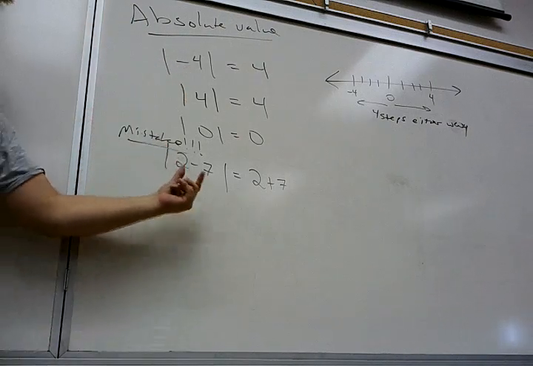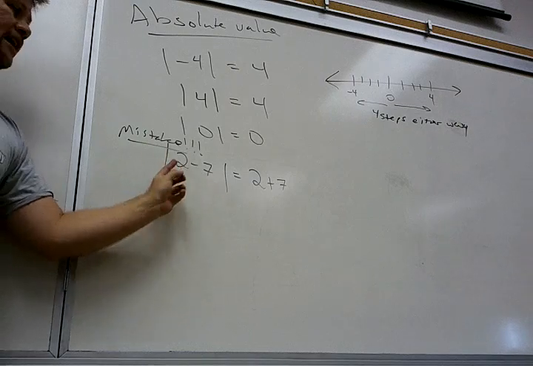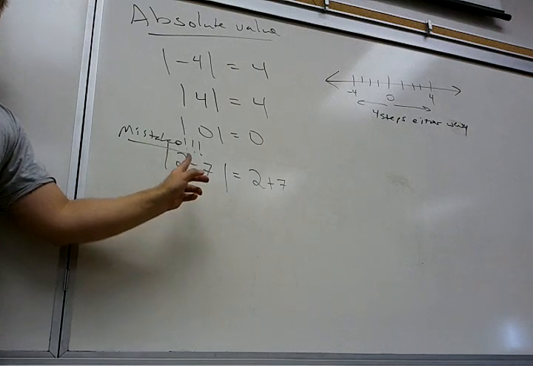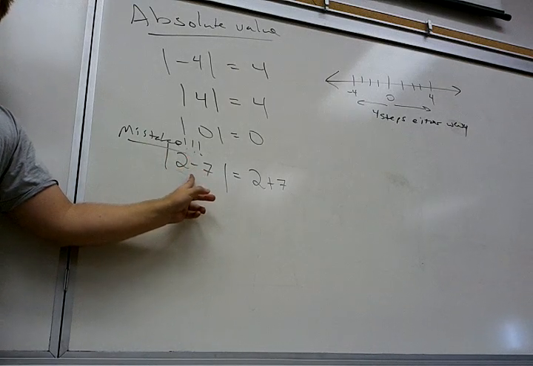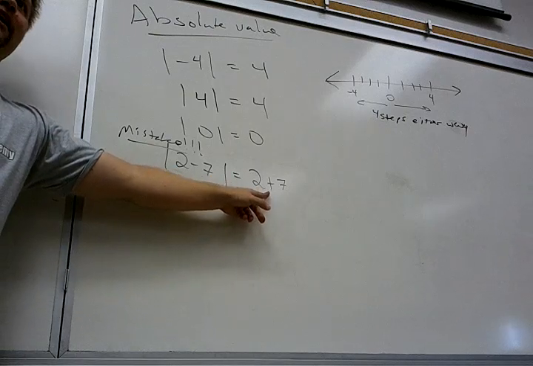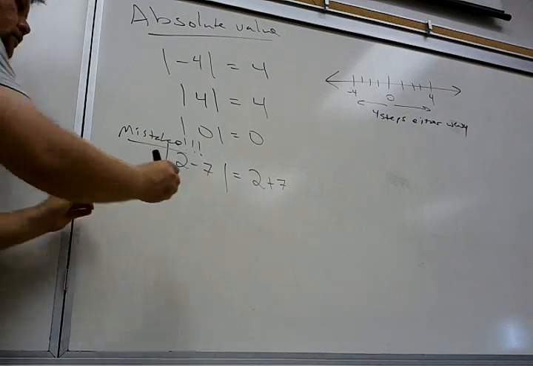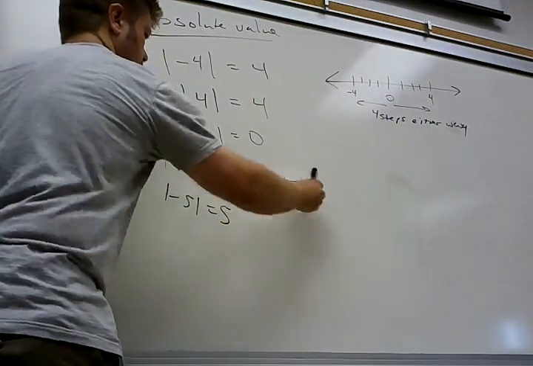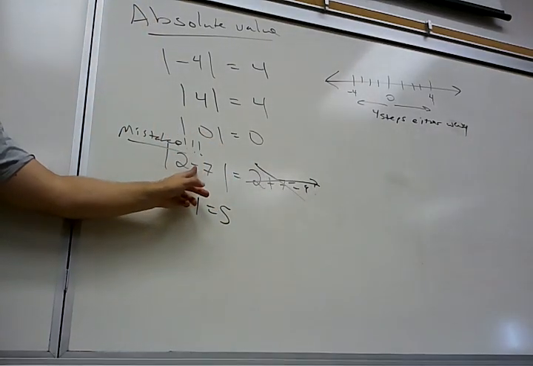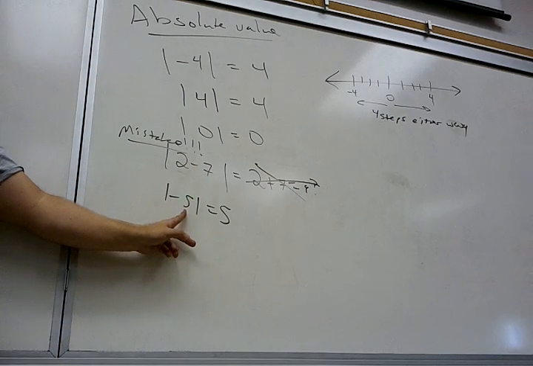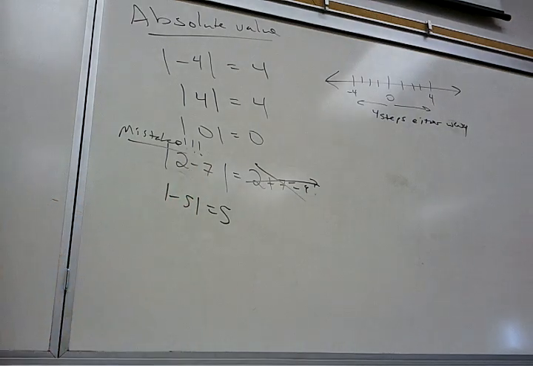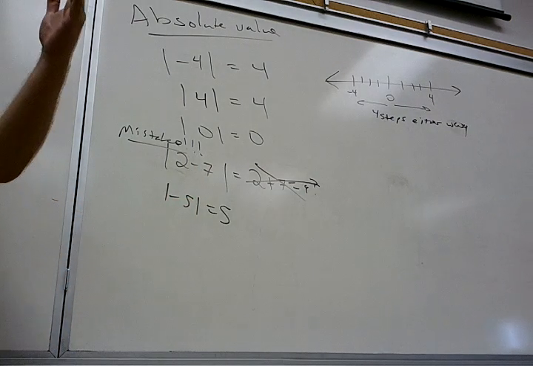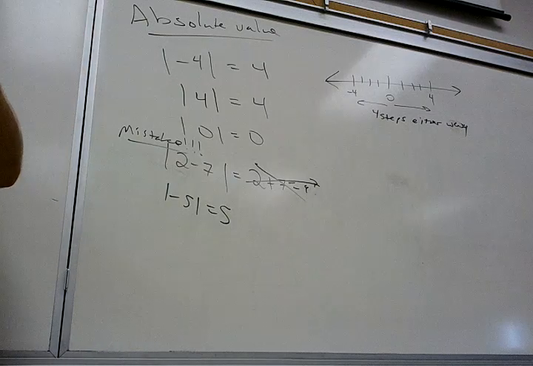Parentheses, right? So don't you do the inside first? Yeah. In fact, I can't do the absolute value of a number until I know what the number is. See, I get 9 here, but what is 2 minus 7? Negative 5, so what should it be? 5. So how would you get 9? So you can't do the absolute value of a piece of a number. You have to know what the number is first. It's just good old order of operations saving you. So absolute value signs are just like parentheses as far as order of operations, right? You do inside them first.